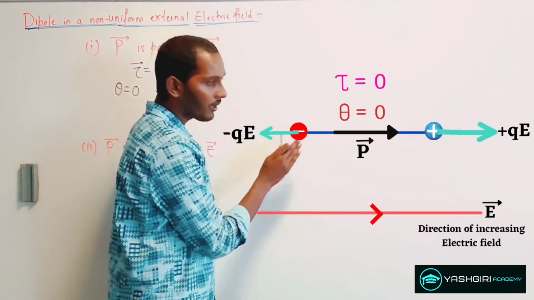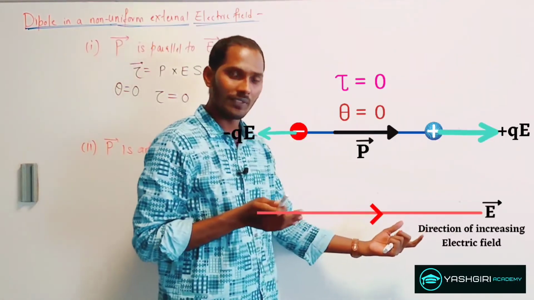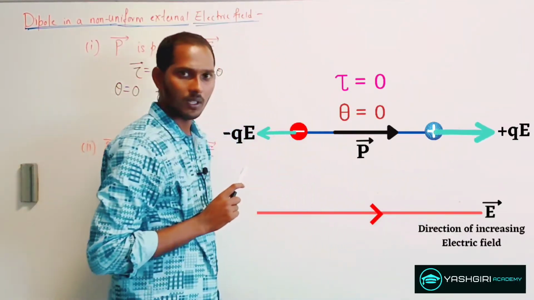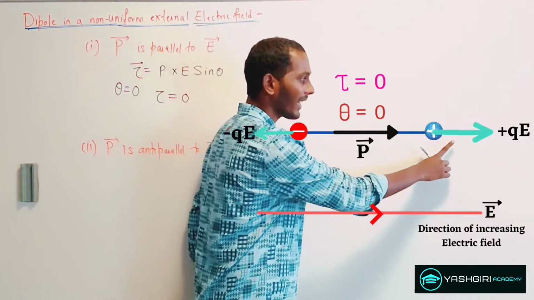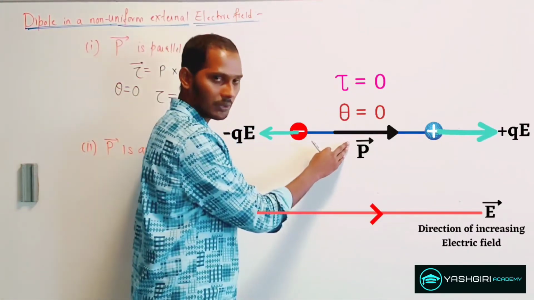Now the field over here, I said, is a non-uniform electric field. So the strength of the field is higher towards the right side compared to the left. That means the charge q will experience a maximum force compared to the negative charge.